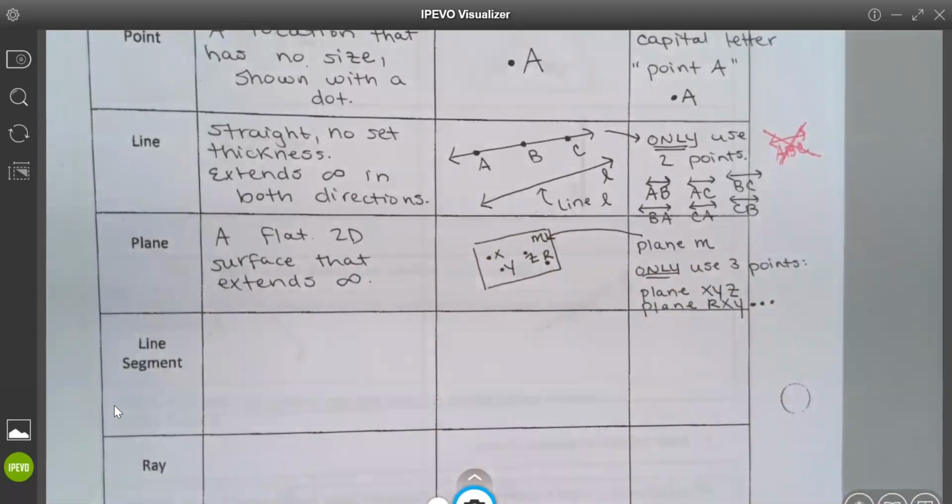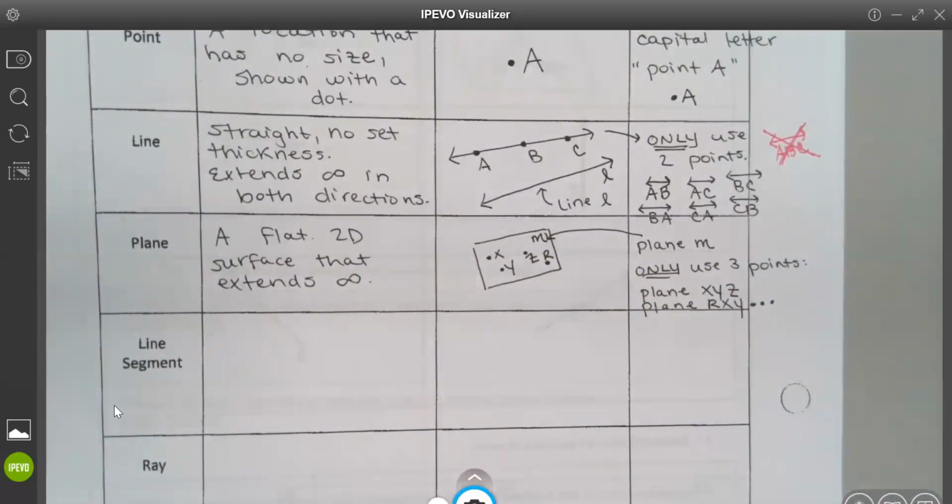It goes on and on and on. I could plot the point 1,000 and 3,400. It's a point on the coordinate plane, and it's going to keep going. So there's my plane. So we have point, line, and plane. Those are the big three.